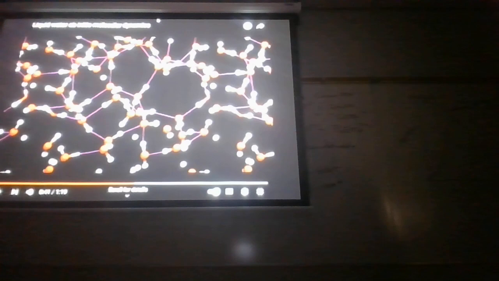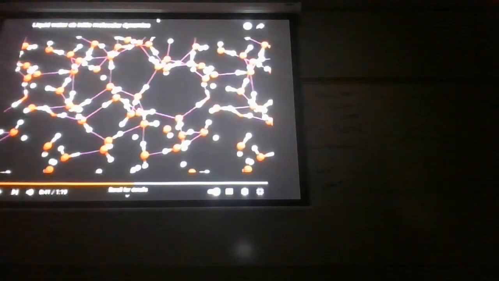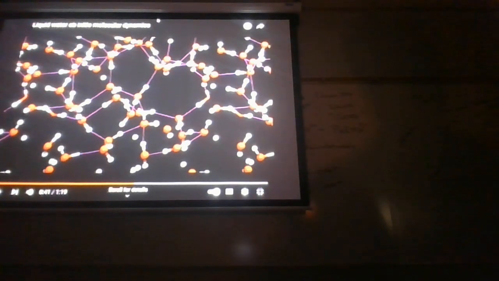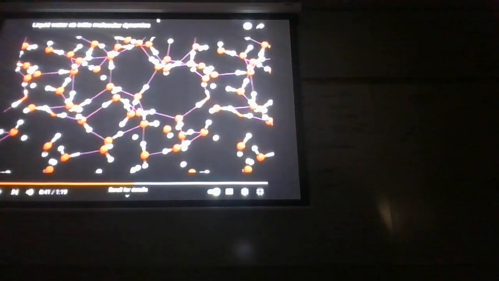Maybe if it's at 25 degrees C, we'll see. Well, this is close enough to 25 degrees C. How about tap water? I'm going to put some tap water in here. Does tap water conduct electricity? Do you see that? So tap water is conducting electricity, but our DI water is not.